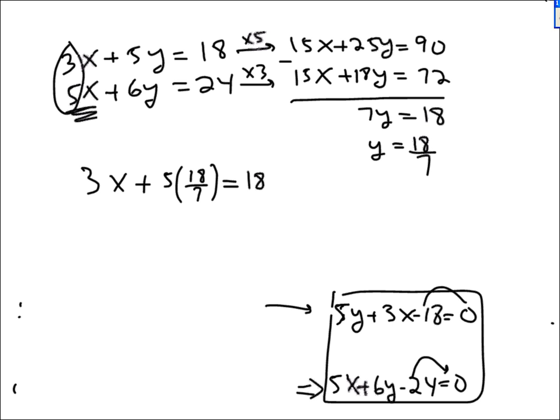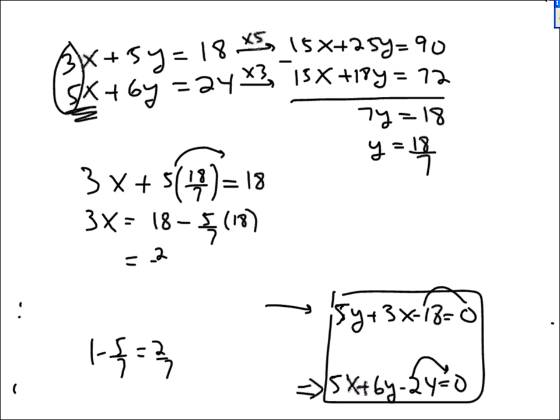Now, maybe we can be slick this way. Let's bring this to the other side. So the other side has 1 times 18 minus 5/7 of 18. 1 minus 5/7 is 2/7. So we have 2/7 of 18, which is 36 over 7.